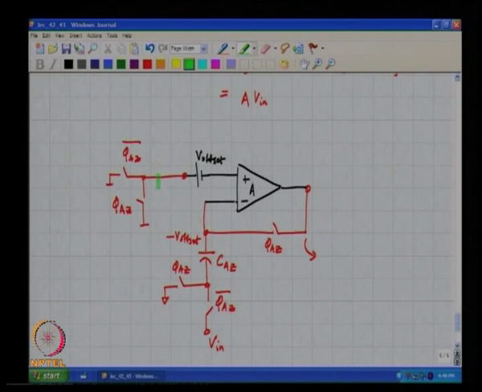and one immediate thing that comes to mind is that this node is connected to ground all the time.